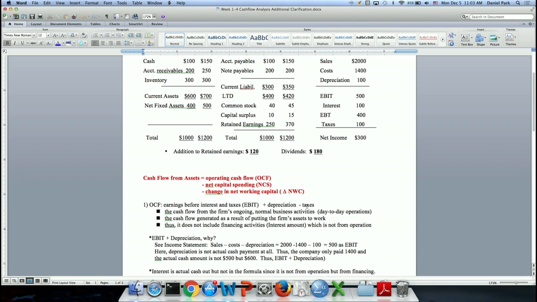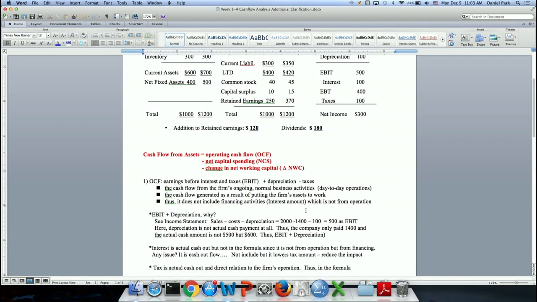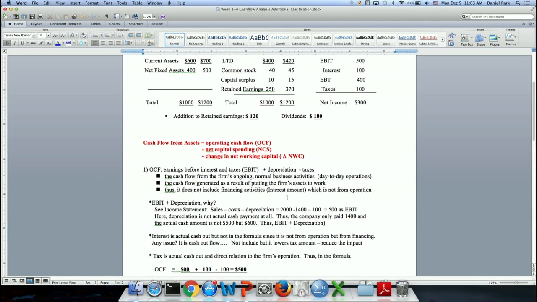Then tax is an actual payment. So we have to pay tax. We subtract tax. So OCF, operating cash flow, we use the formula EBIT plus depreciation minus tax. Yes, of course, interest is actually cash out. So based on this, we may understand that this is not a perfect formula.